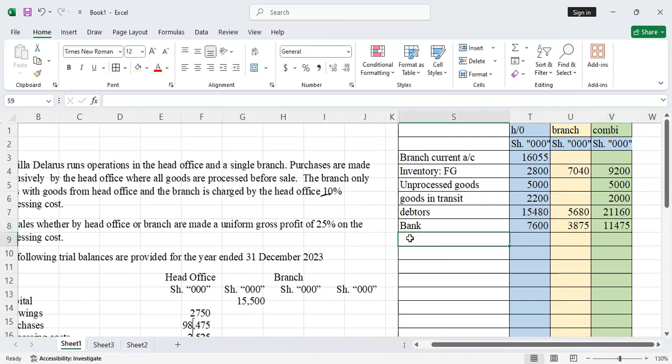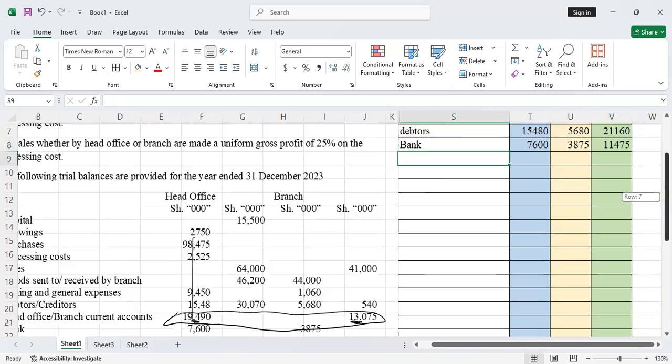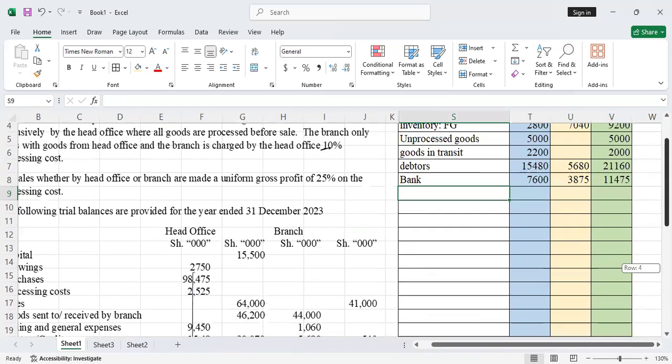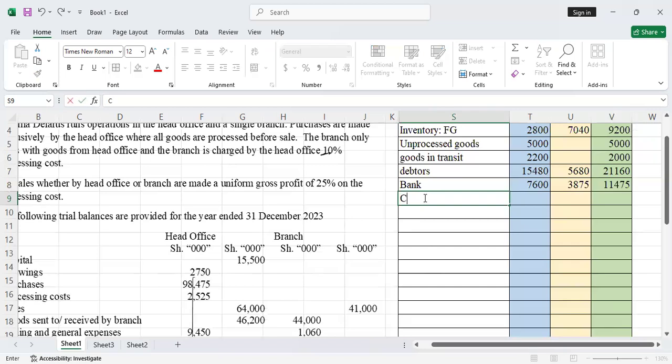And finally, there's this item here. Cash in transit, which the head office has not recognized. $42.15 is not affecting the branch, and $42.15 for the combined business.